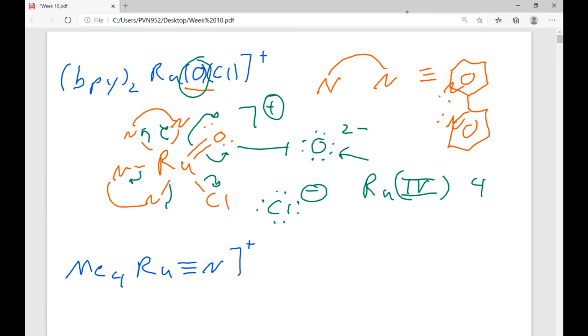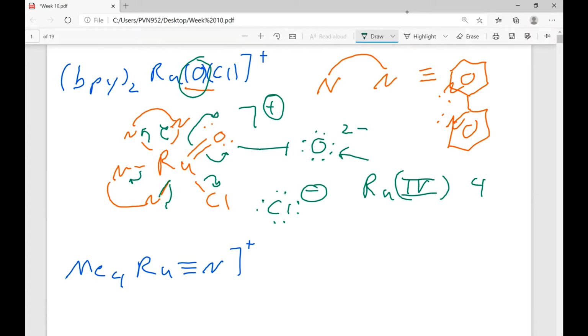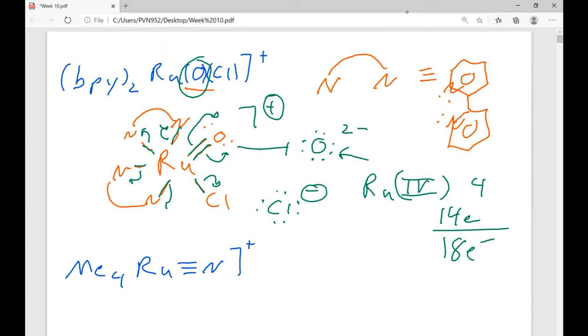Now let's count the amount of electrons that are given to the metal by the ligand set. That is 2, 4, 6, 8, 10, 12, 14. So we have 14 electrons from the ligand, so this ends up being an 18-electron complex. So that is a terminal oxo ligand right here.